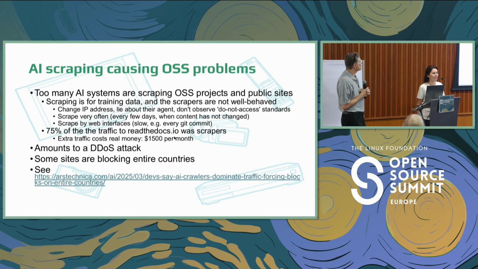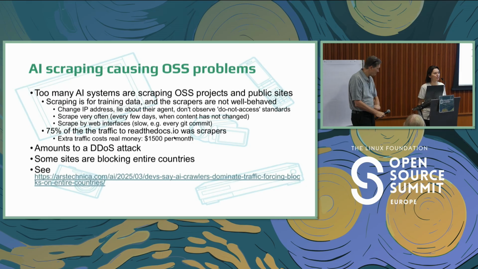There are AI systems, especially the learning systems, that are scraping open source projects and their public sites for data for training. And they frequently are not behaving very well. There were many projects that had an important cloud bill because of that.